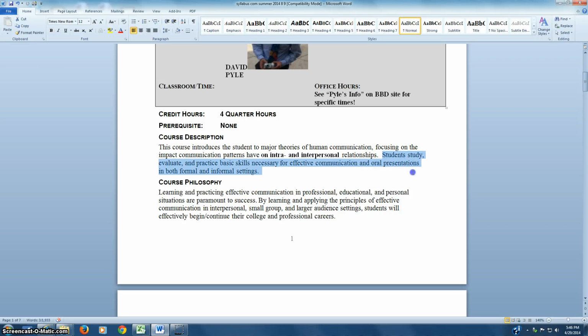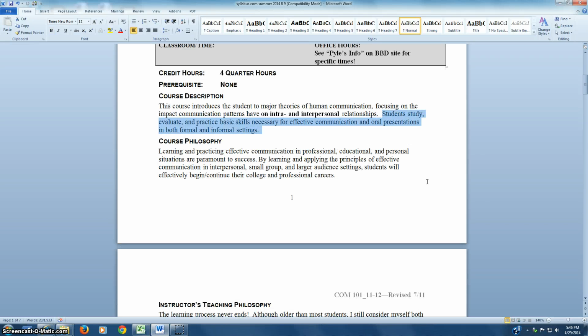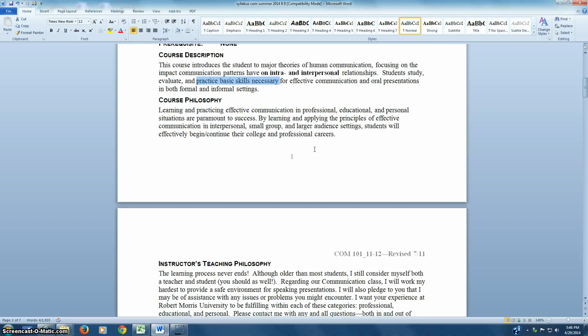Basically this is a speech class, so we want to get students up in front as many times during the quarter as we can, delivering both rehearsed and off-the-top-of-your-head material in front of other people, which should help you both personally and professionally. We're going to study, evaluate, and practice basic skills necessary for effective communication and oral presentations in both informal and formal settings. The classroom is a super safe environment to put some stuff out there and let other people take a look at us while we communicate.